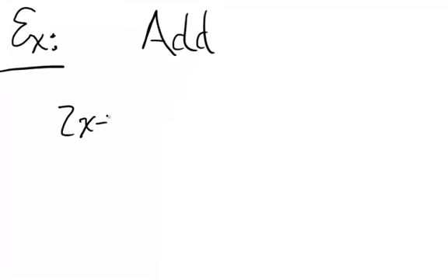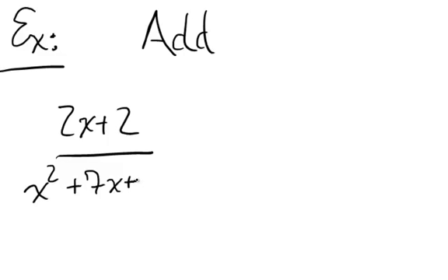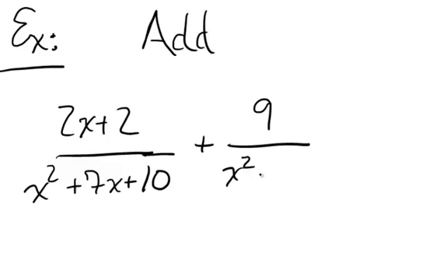2x plus 2 over the denominator x squared plus 7x plus 10. And I'm going to add this to the expression 9 over x squared plus 8x plus 15.